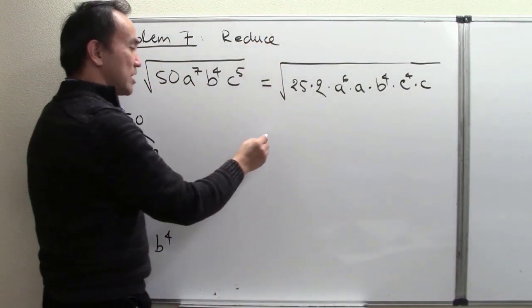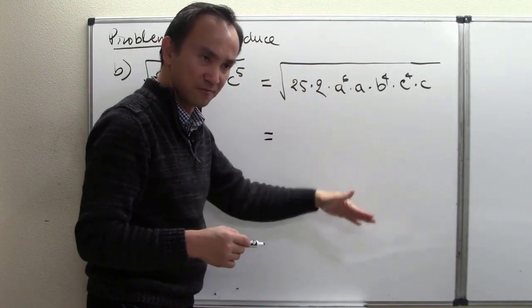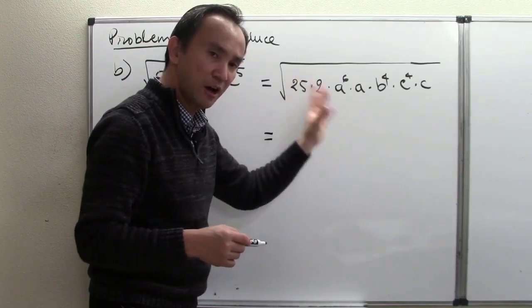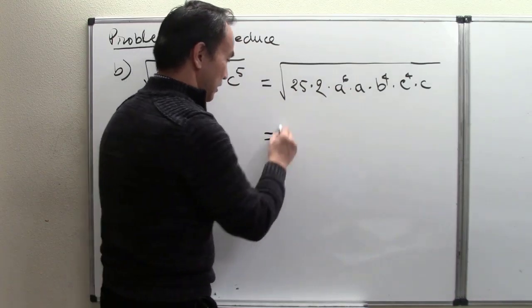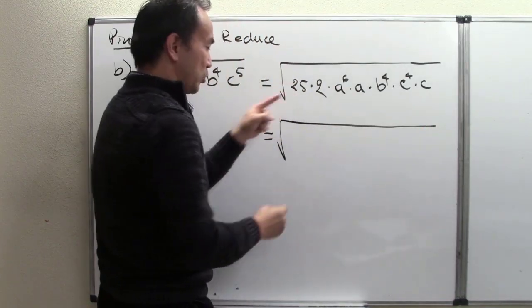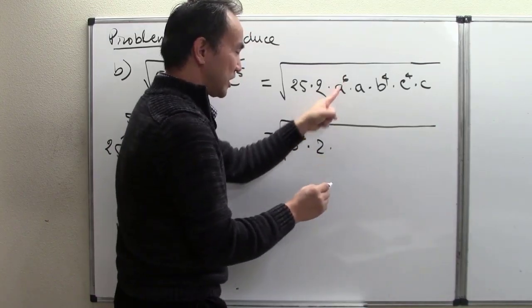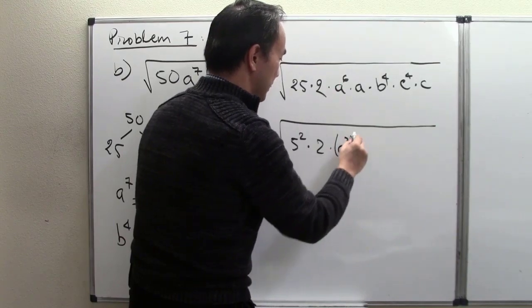Now I'm going to rearrange these factors a little bit, as a further step in finding the largest perfect square factor. The 25 is a perfect square: it's 5 squared, times 2. The a to the 6, to see the perfect square out of that, is a cubed squared.